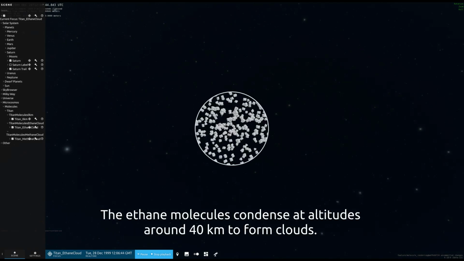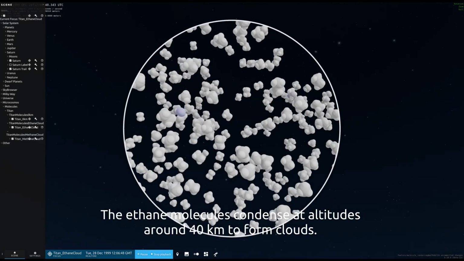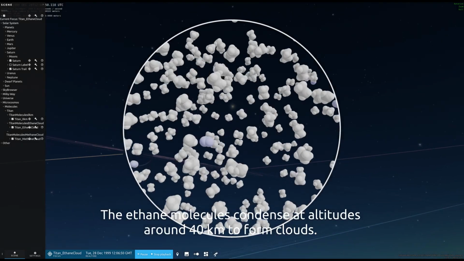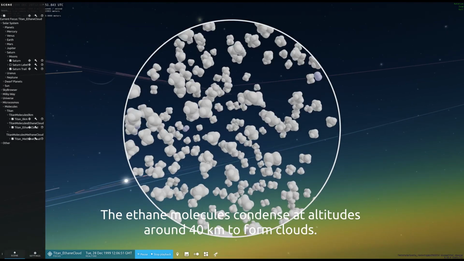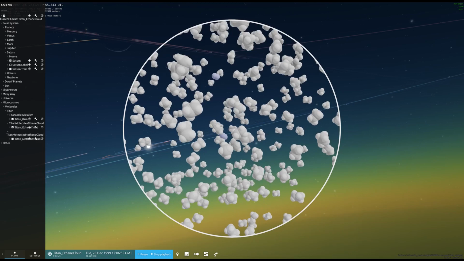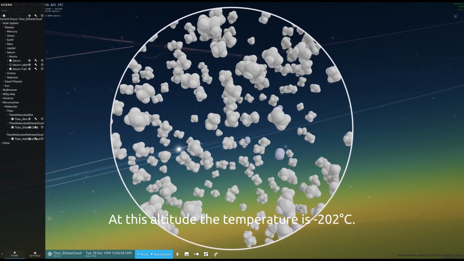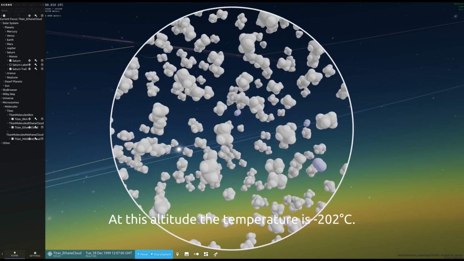The ethane molecule condenses at altitudes around 40 km to form clouds. At this altitude, the temperature is minus 202 degrees Celsius.